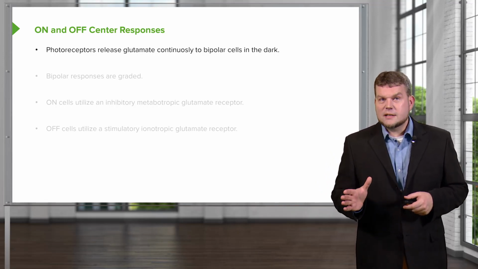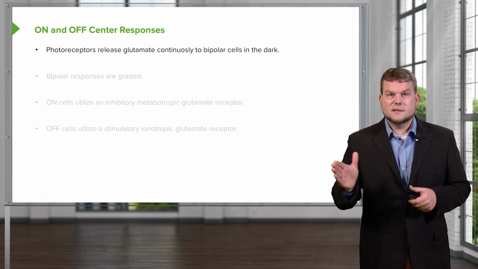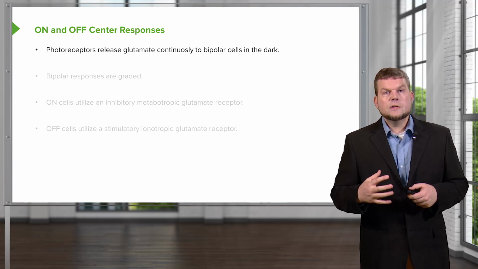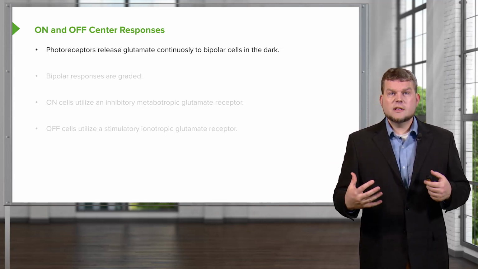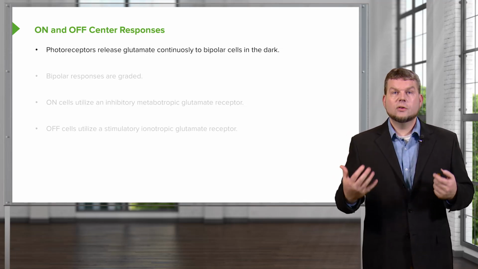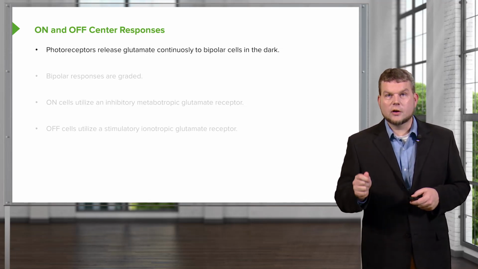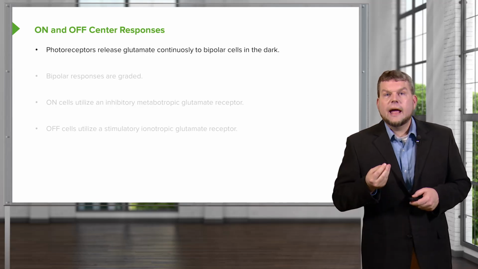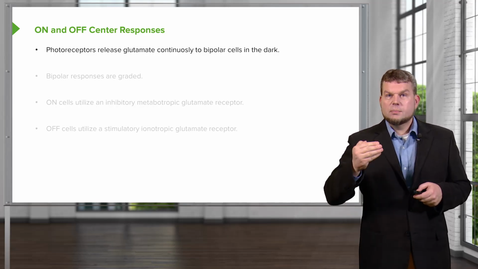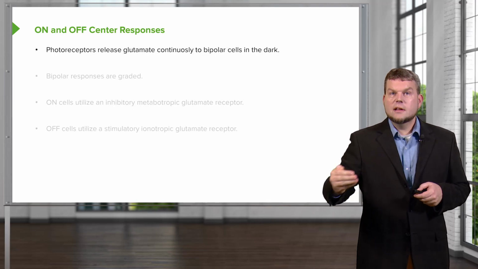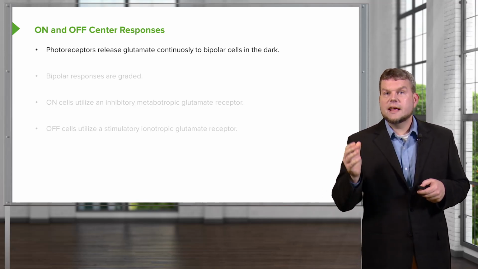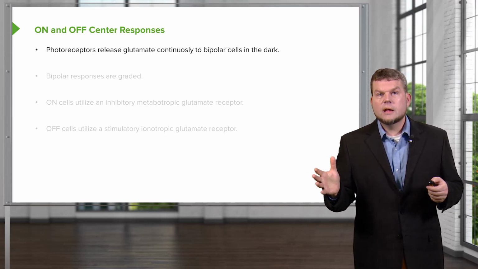Part of the process works on on- and off-centered responses. So remember, photoreceptors are always releasing glutamate in the dark. This is your dark current. As you have this dark current response, it is always delivering you information that it is off.